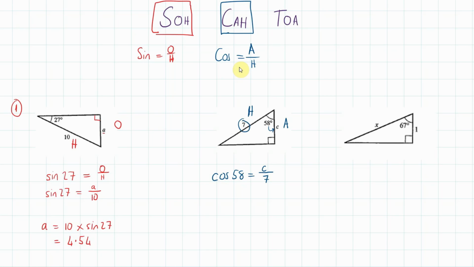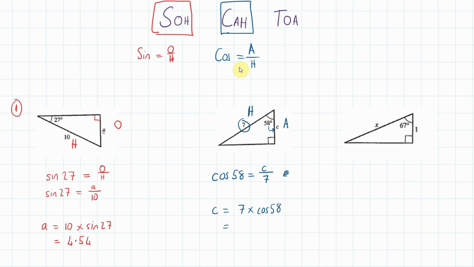And we can rearrange the formula by multiplying both sides by 7. So if I times this by 7, you'll see that will cancel that out, and then I'll get 7 times this. Okay, so that's what we're going to do to get to the next line. So I'll just cross that out. C is equal to 7 times cosine 58 degrees.